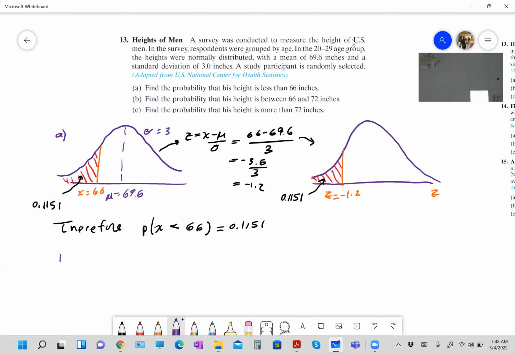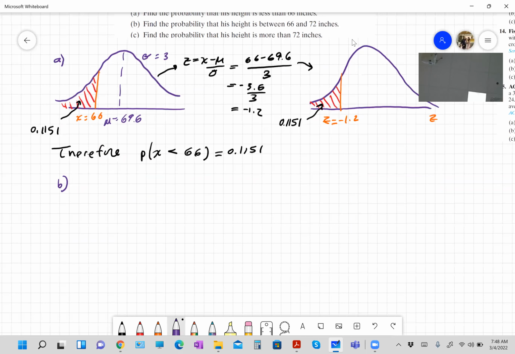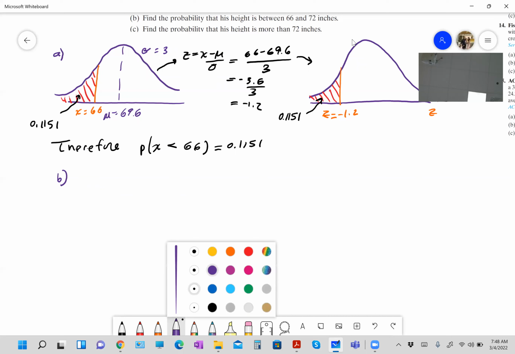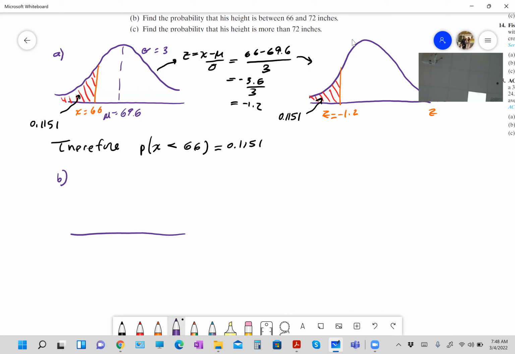Okay, so part B. Part B says, find the probability that his height is between 66 and 72. So I'm going to go ahead and draw the normal distribution again. And of course, we have a mean of 69.6, same situation, and a sigma of 3.